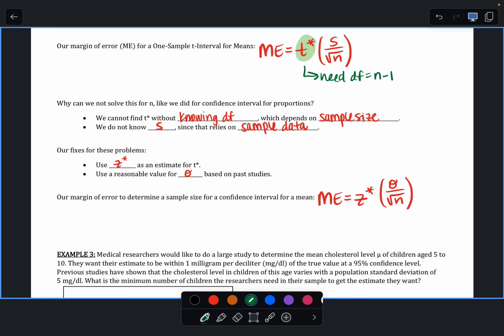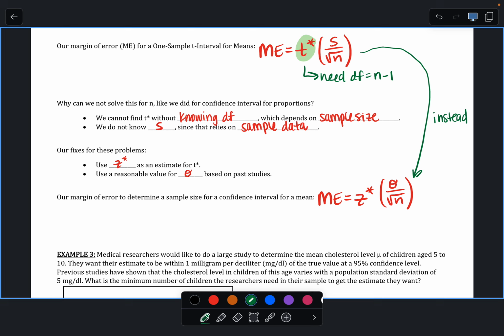We are trying to guess what sample size we need to meet a specific margin of error. So instead, we revert back to the first formula we used, which was z star times population standard deviation over the square root of n. Now, this is only for if you know the population standard deviation and if you are calculating sample size.